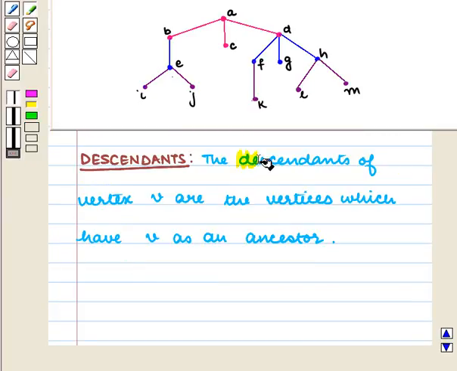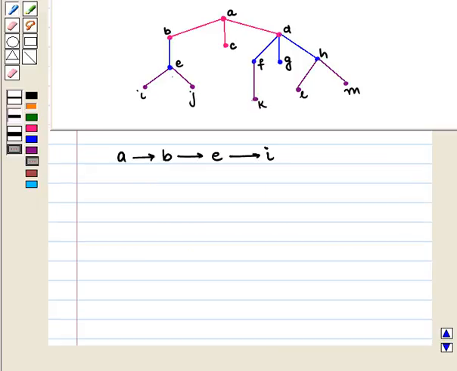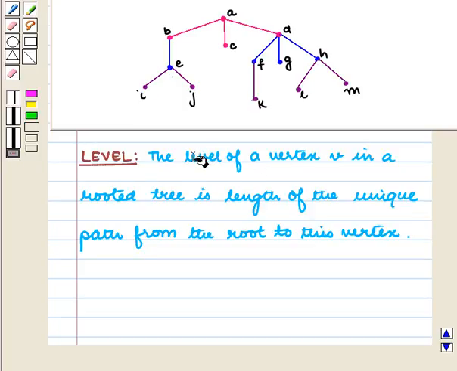The descendants of vertex V are the vertices which have V as an ancestor. Again, in the path A, B, E, I, E and I are descendants of B. The level of a vertex V in a rooted tree is the length of the unique path from the root to this vertex.